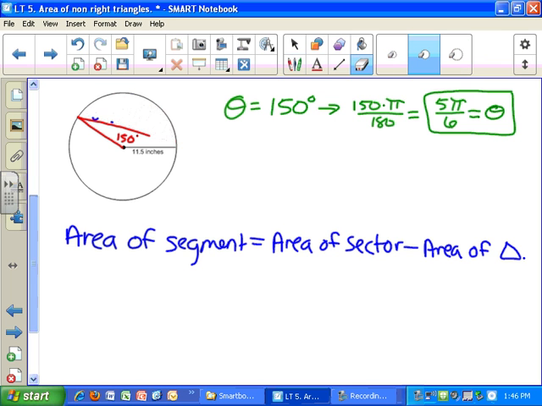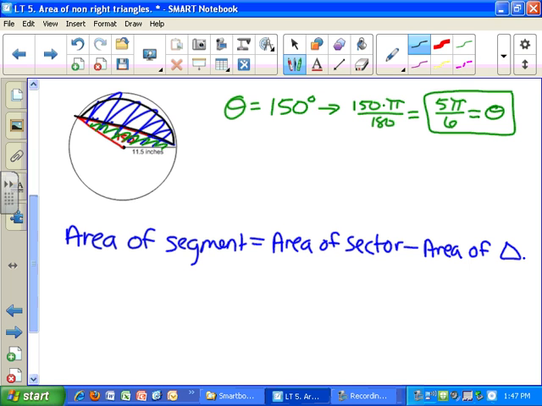So again, we'll find the area of the entire sector and subtract out the area of the triangle, and all we'll be left with is this segment. The area of the sector is the formula that I reminded you of up top, which is 1/2 times the radius squared times theta, and we are going to subtract the area of the triangle.